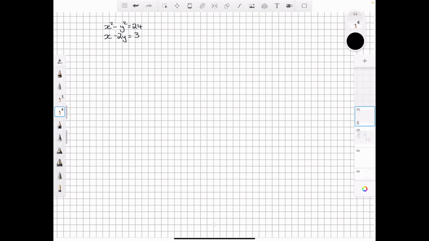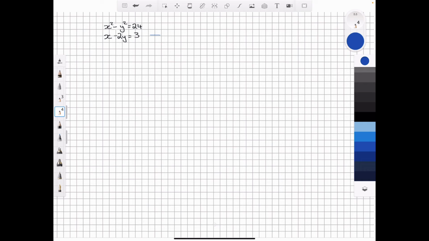Second sum that we had for homework, and the first thing we do again is we are going to rearrange the linear equation. So we have over here x minus 2y equals 3, and I am going to add 2y to both sides, or if you're using the old-fashioned method, you are going to carry the 2y across, and so you're left with x is equal to 2y plus 3.